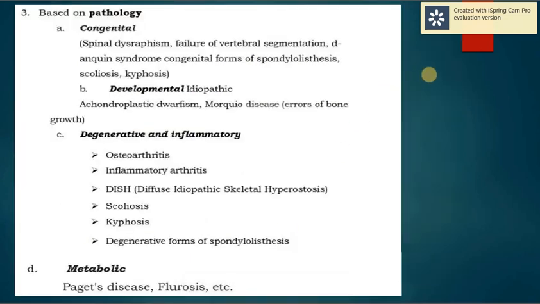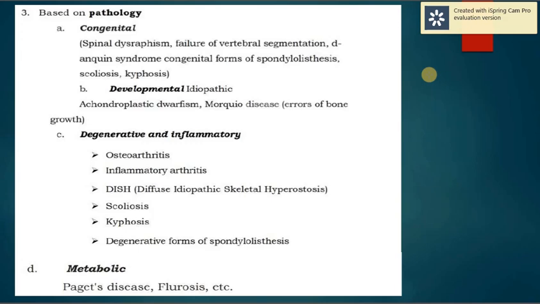Now, based on pathology, one type is called congenital. As I have told you before, it may be spinal dysraphism, failure of vertebral segmentation, then Down syndrome, congenital forms of spondylolisthesis, scoliosis, kyphosis, developmental idiopathic regions like achondroplastic dwarfism, Morquio disease, that is the errors of bone growth. These are some types seen in the congenital.